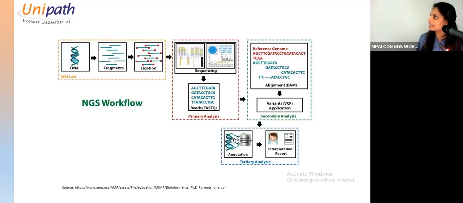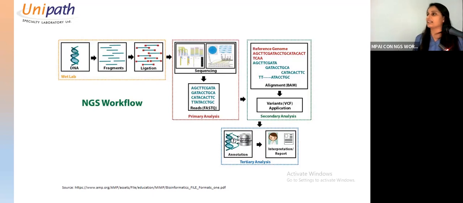The format you get is a BAM file, that is, a binary alignment map file. After that, when you use your tool for variant calling, you get a VCF file.